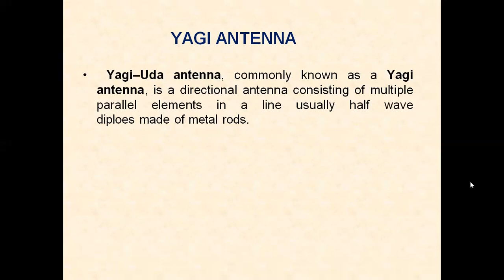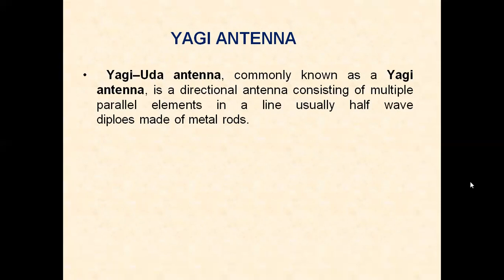Yagi-Uda antenna, commonly known as Yagi antenna, is a directional antenna consisting of multiple parallel elements. There are a number of parasitic elements, connected in the form of a line, usually half-wave dipoles made up of metal rods.